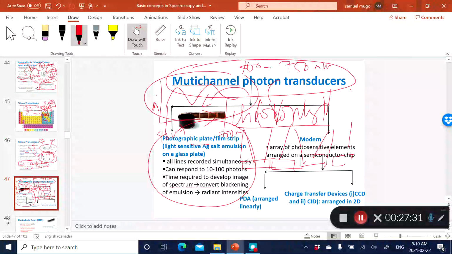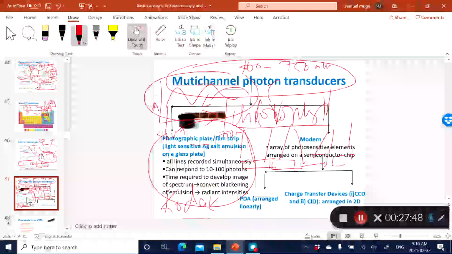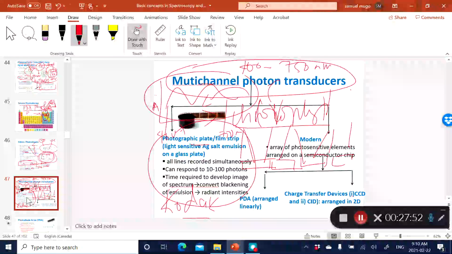People use the Kodak film. It's a classic example of a very old type of photon transducer, where light falls onto a silver material, there's oxidation and so on, and then you can develop that material, and there is darkening of the zones that were impinged with the radiation.